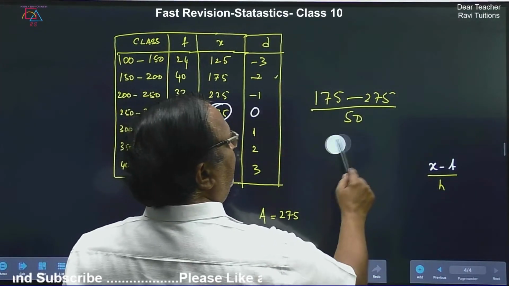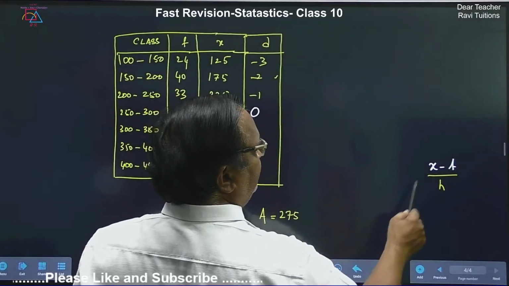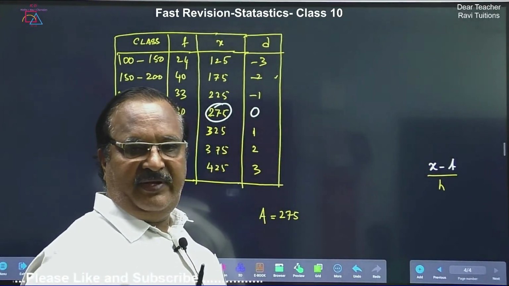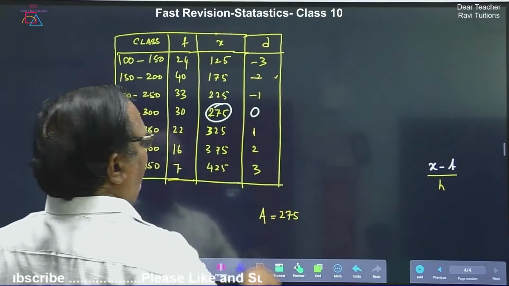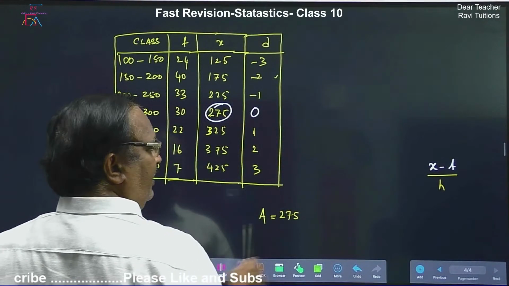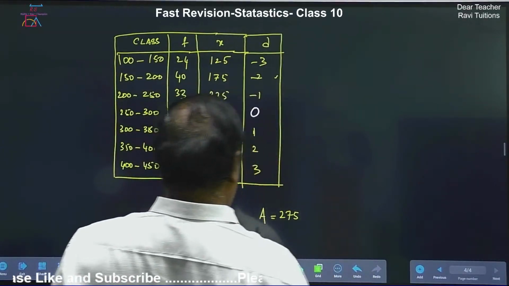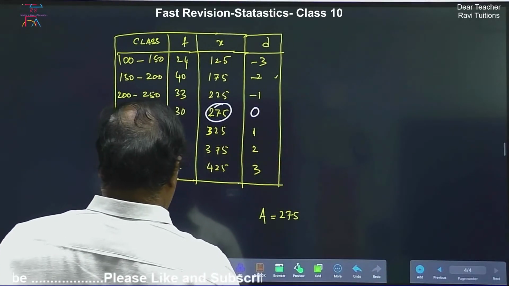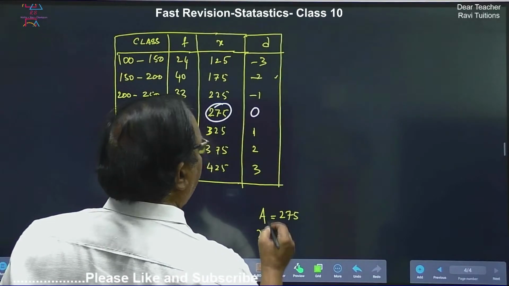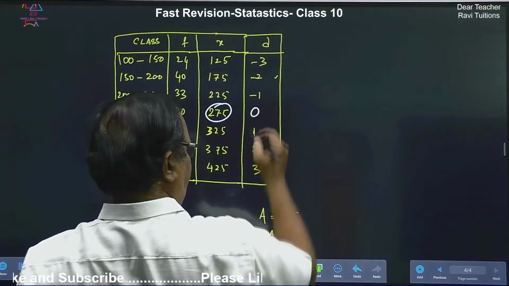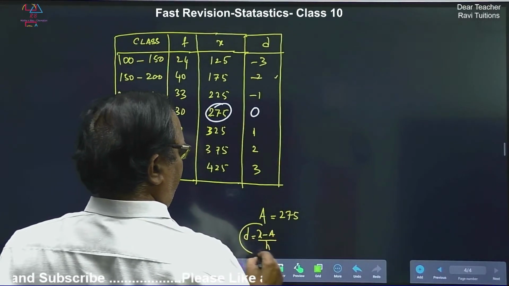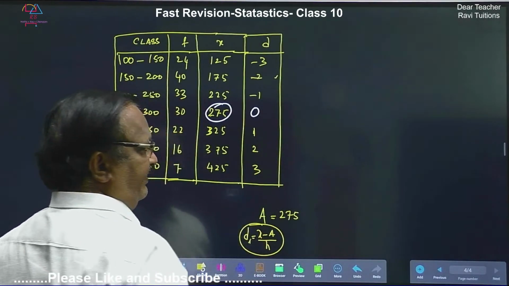So this is how x minus a by height of the class. So we will be giving you these values. So I think this is enough. I'll rub this also, right? I'll write here d is equal to x minus a by height. Okay, this is d, deviation.